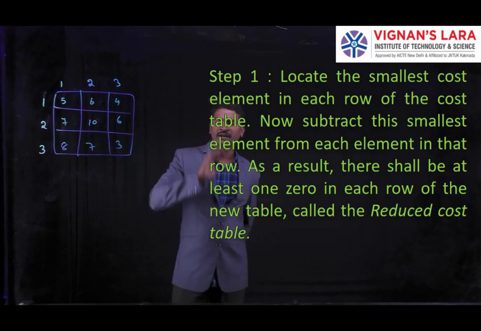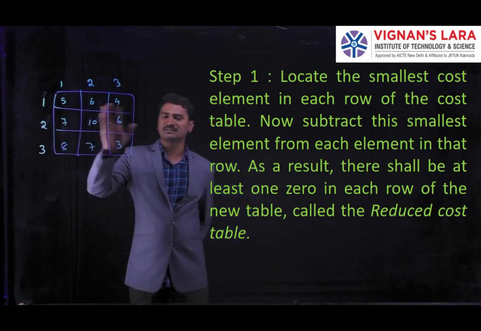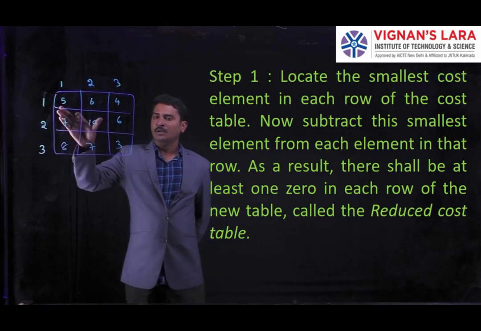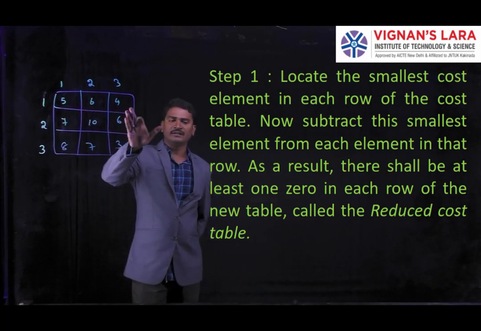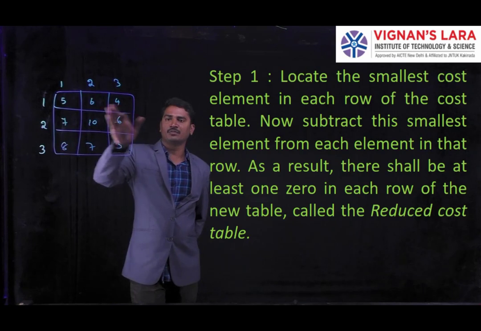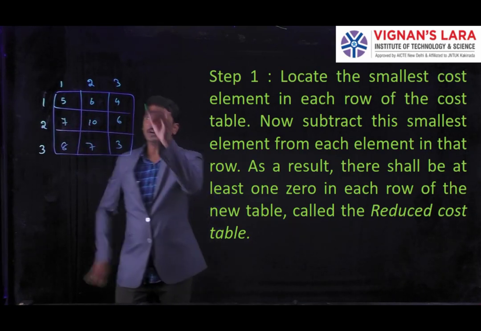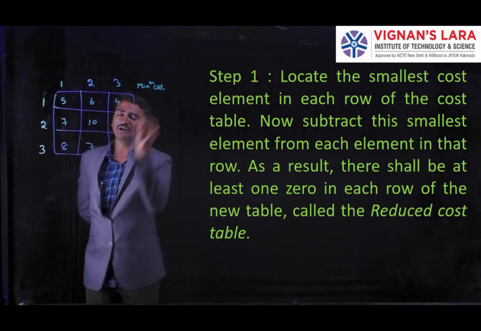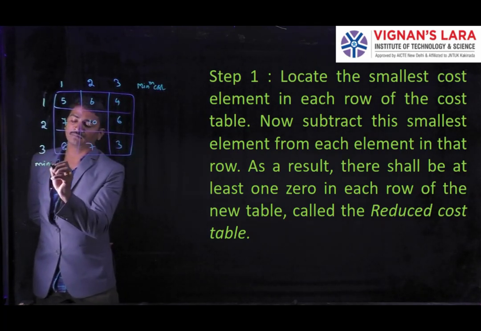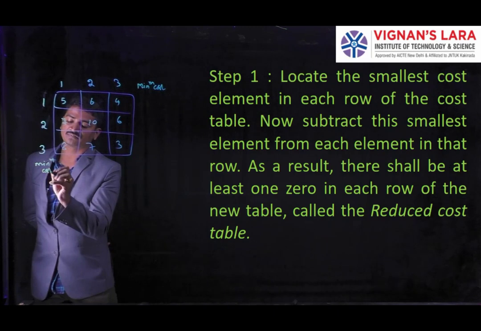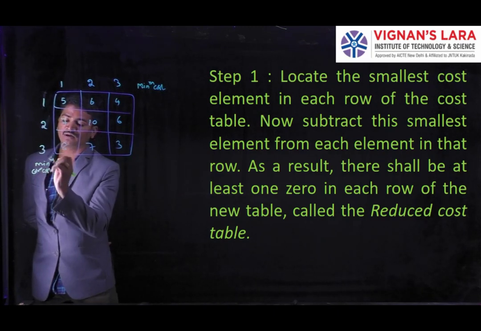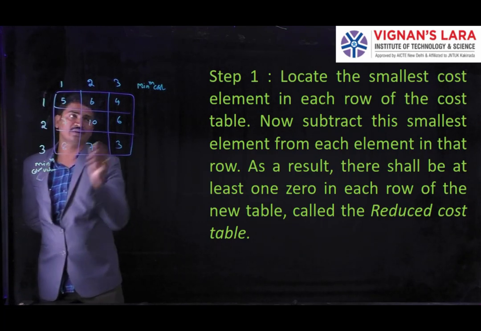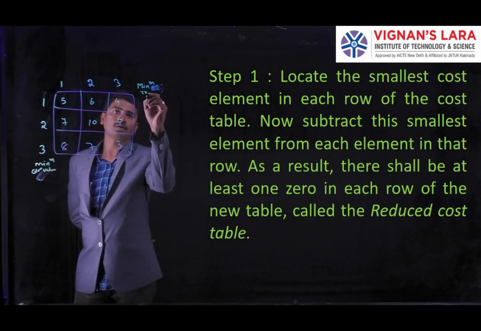Here we take the smallest cost to solve this assignment problem. First, in step 1, we take the smallest cost from each row. We identify the minimum row values first, then we identify the minimum column values.